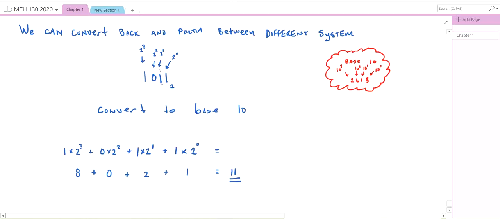So 1011 represents a base 10 count of 11. It represents 11 things. It's just the base 2 writing. The base 2 description of 11 is 1011.